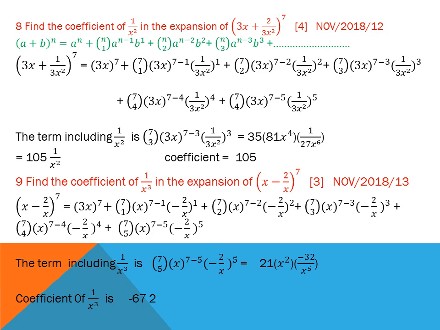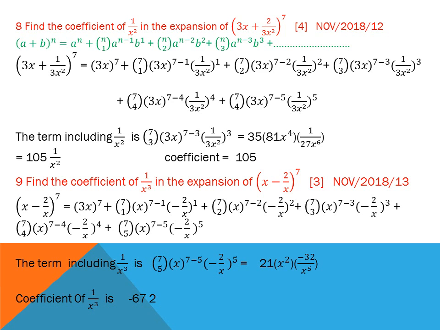When I expand this, (3x)^7, 7C1, 7C2, 7C3, 7C4, 7C5. I will expand this question till 5 terms. In term number 5, I will find 7 minus 5, it means x square, minus 2 over x^5. When x^5 is cancelled with x square, I will find the term 1 over x cube.